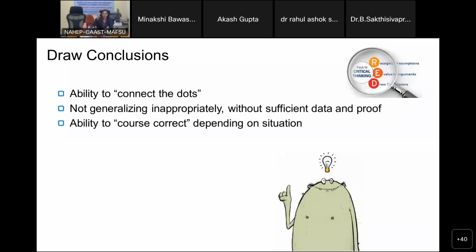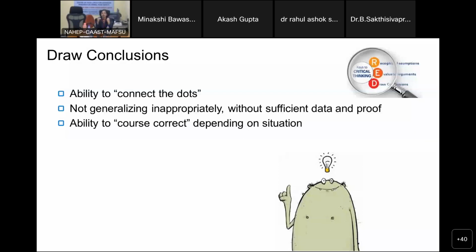So now we know the assumptions, we are evaluating them, we are connecting the dots, we are bridging the gap, and we are not generalizing without sufficient data. That is how your conclusion is going to hold strong.